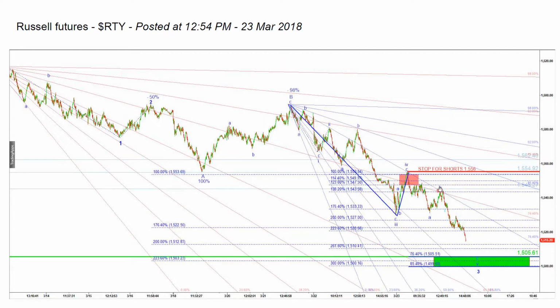And we could get enough waves in that move, because wave C had to be structured as a 5-wave decline, and we could easily get it. It could be 1, 2, A, B, and C of 3, 4, A, B, and C of 5.